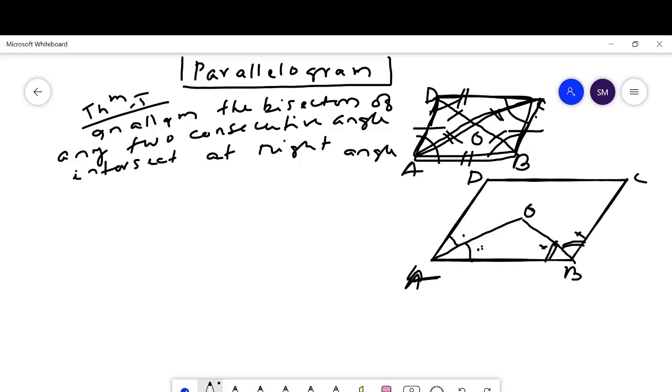Suppose this angle is angle 1, this angle is angle 2. Here given, then we have to prove that this angle is a right angle. Here given ABCD is a parallelogram and AO and BO are angle bisectors.